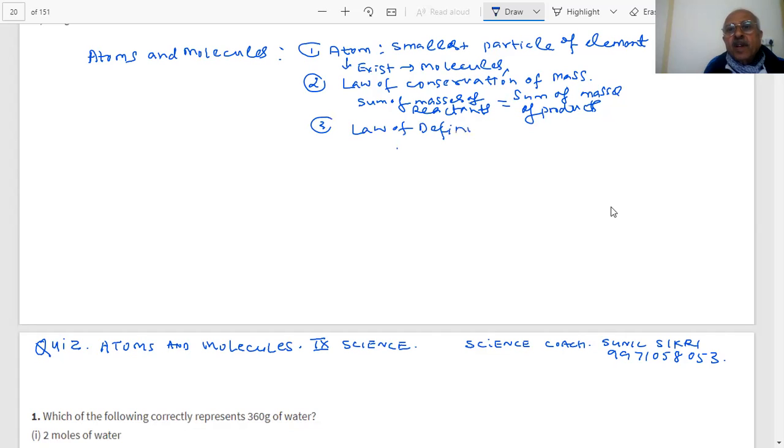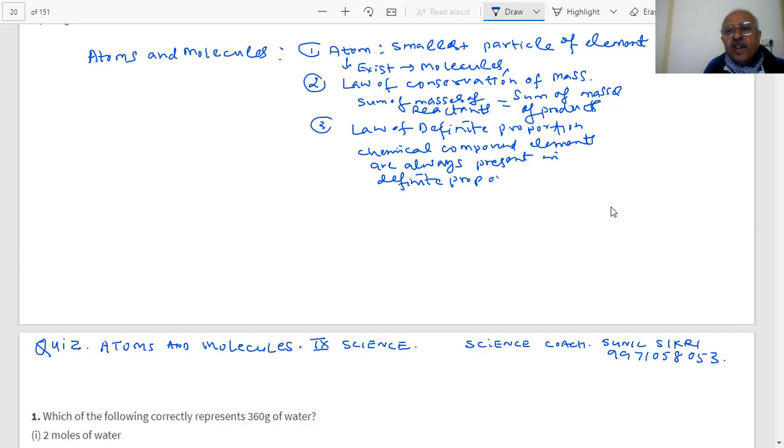What does it say? That in a chemical compound, elements are always present in definite proportion by mass.